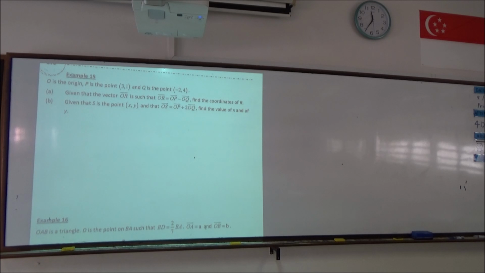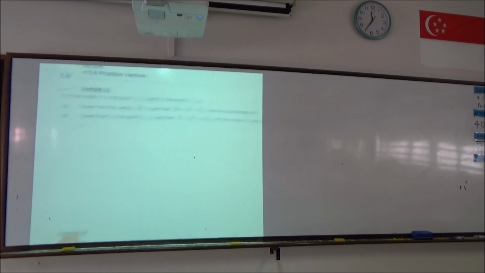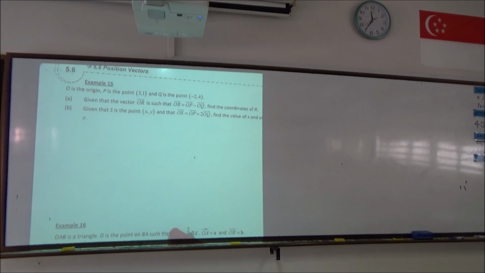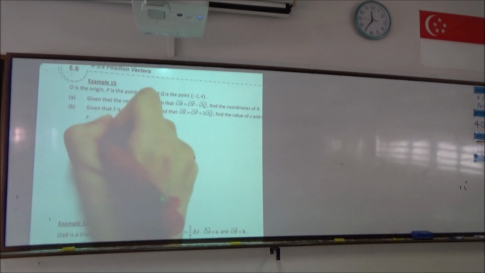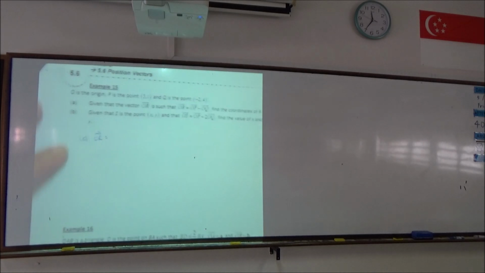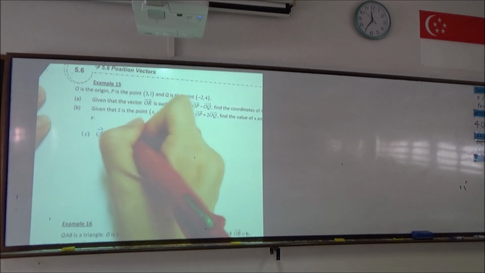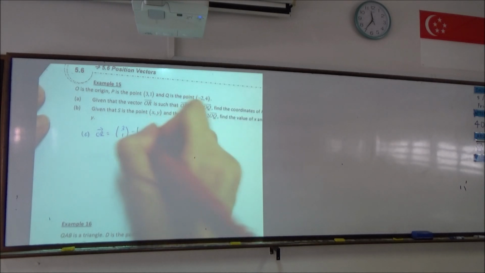Okay, let's look at example 15. O is the origin, P is the point (3, 1), and Q is the point (-2, 4). Given that the vector OR is given as this, we want to find the coordinates of R. That's a simple calculation: OP minus OQ, so OP is (3, 1) and OQ is (-2, 4).